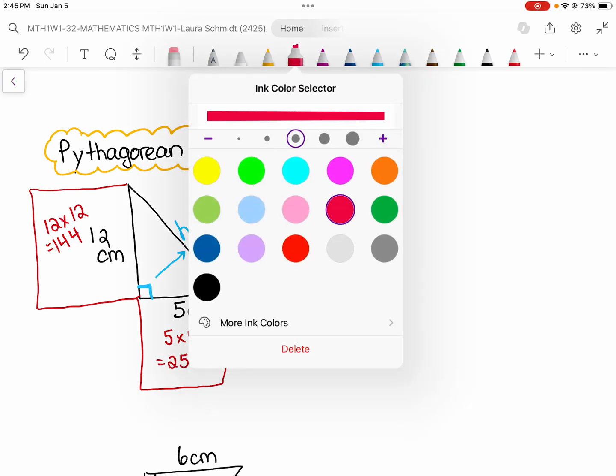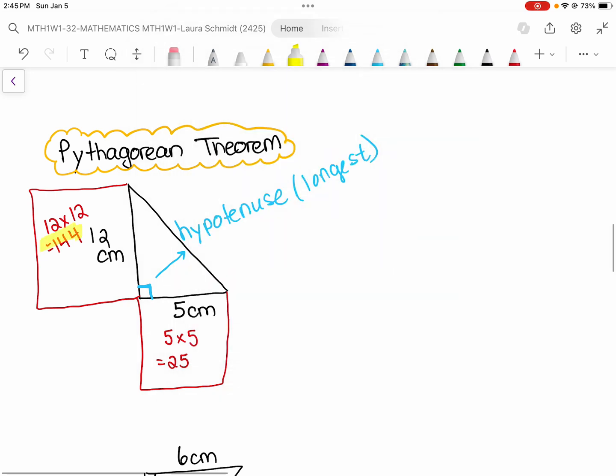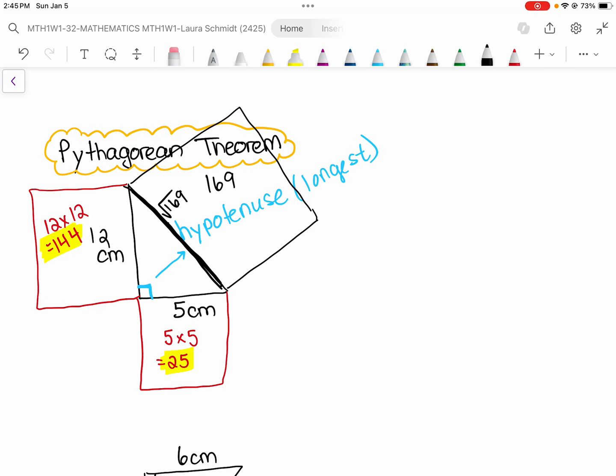Then you can add those 2 short sides together, and they will actually give you the area of the square that's on the hypotenuse. So 144 plus 25 would be 169. And then to find the actual length of the hypotenuse, you would just square root 169, which would be 13.